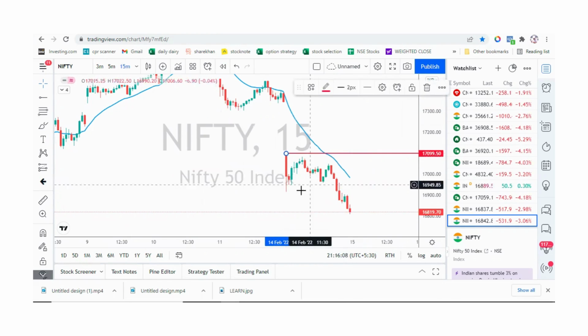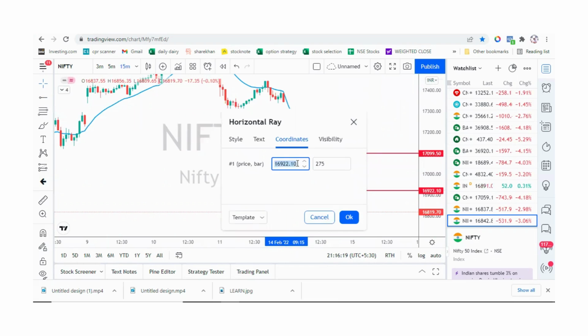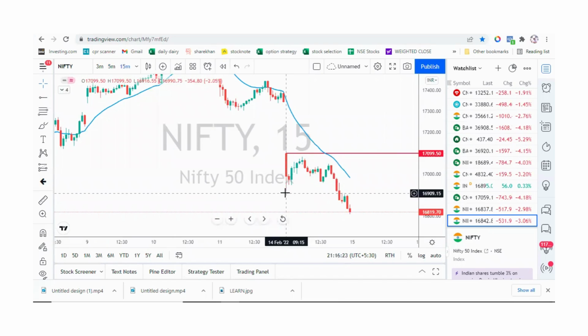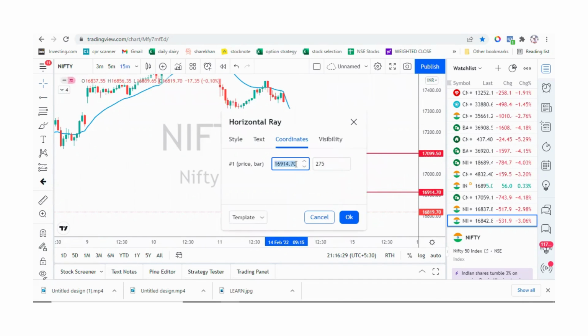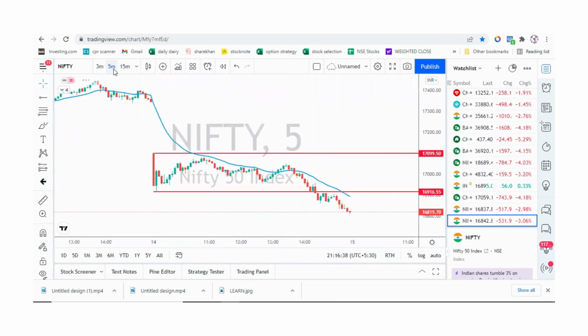The low on this candle is 16,916.55. Excellent. Now change the time frame to 5 minutes.